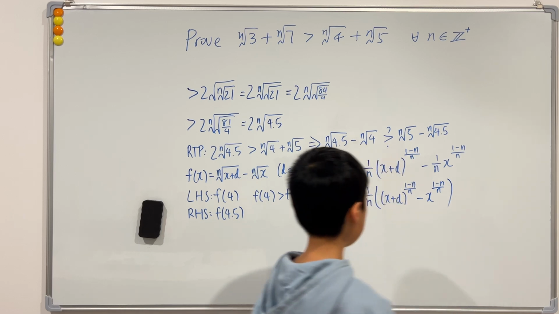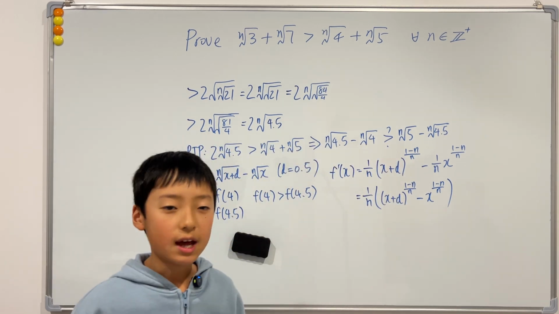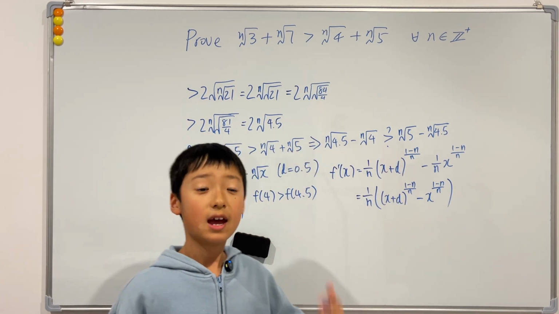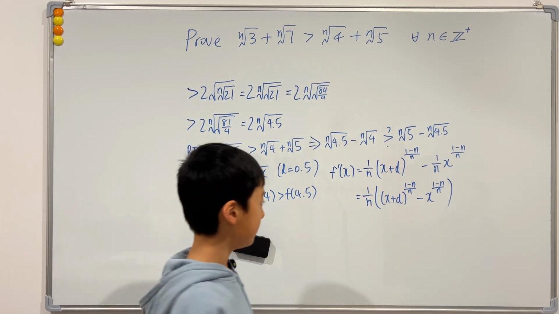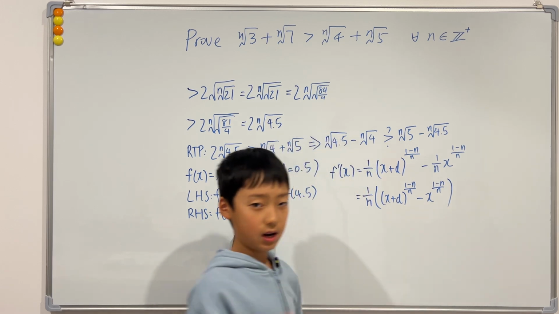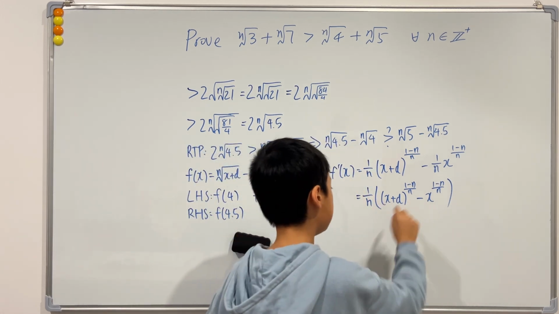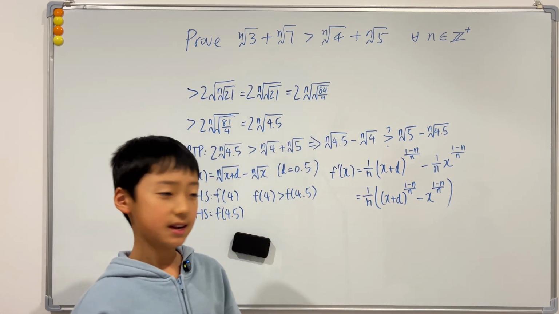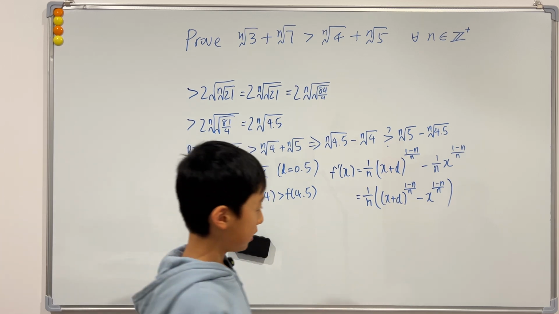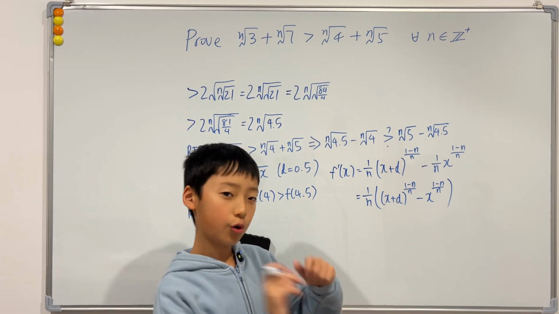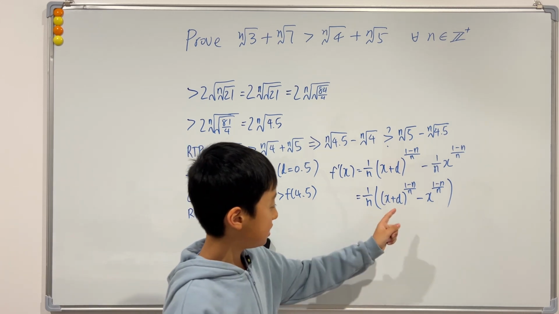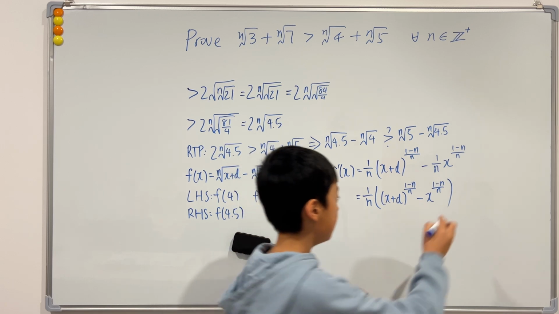Okay, so we know that x and d are both positive and n is greater than 1. So we can conclude that these powers are actually negative and the bases are positive. And since d is positive, then we know that x plus d must be greater than x. So with all this evidence, we can see that this whole thing has to be less than 0.